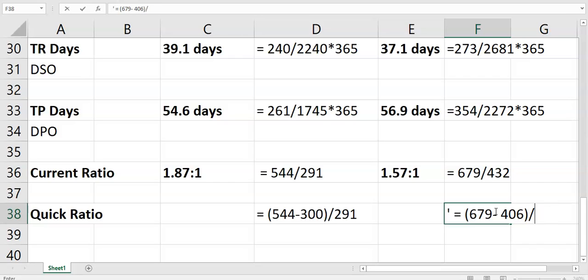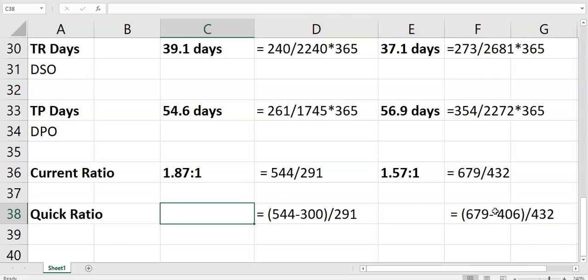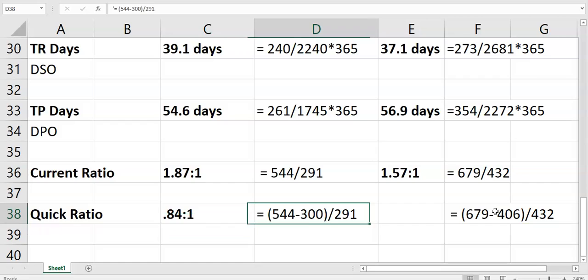And your ideal here is around 1:1, i.e. excluding inventory, having the same current assets to cover your current liabilities. Anything lower than that, and you would be concerned about liquidity. So last year that is 0.83 or 0.84:1, lower than the ideal.